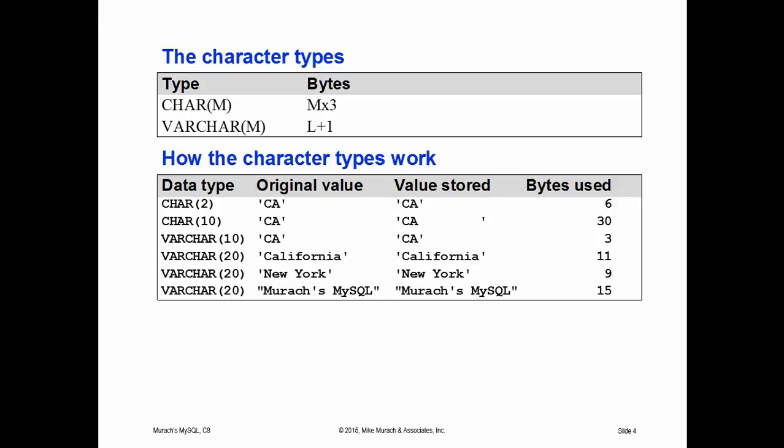Now, one thing to realize, and this is kind of confusing sometimes to people, when you use chars, notice if I say char 2, that's what's stored in there. But because of the way physically that this stuff is set up, each char that you put in actually needs 3 bytes to store the data. Whereas with varchar, notice it needs whatever you use plus 1 byte.